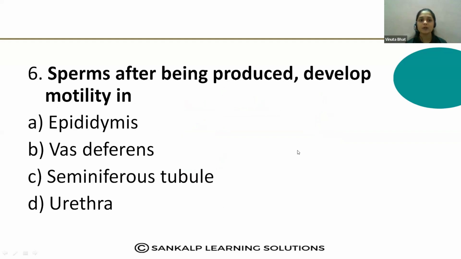Sixth one, sperms after being produced develop motility in. So where do they develop their motility? They are produced and afterwards they develop motility. Epididymis, vas deferens, seminiferous tubule, urethra. Yes, what is the correct answer?